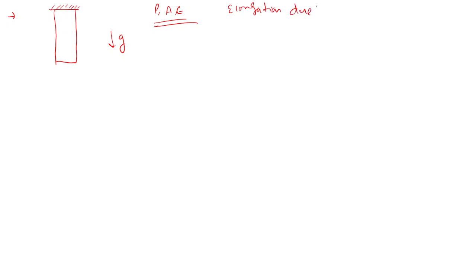Elongation due to self weight. So at any distance, let's suppose we are measuring distance from the downside here. Let's suppose x starts from here, this whole length is L, and Young's modulus is E. Let's suppose this is the dx length here.